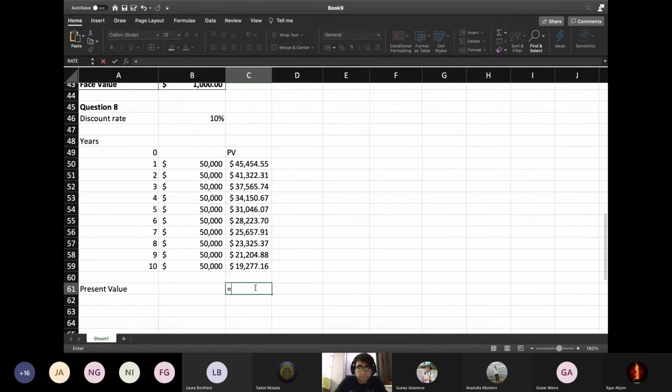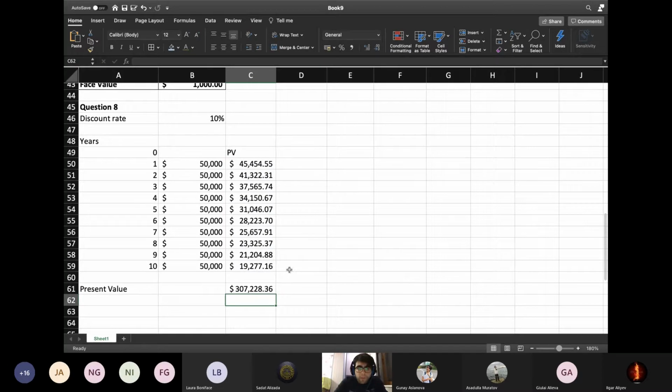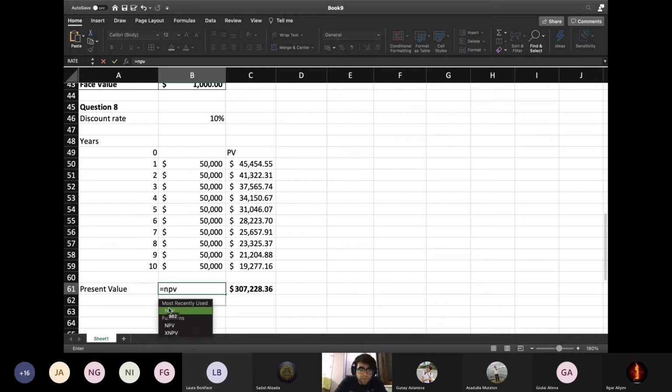And the summation of it will give us the present value of annuity cash flows. In the net present value formula, you can also find NPV. It wants you to enter the rate, the discount rate, and the cash flows. Enter. You see the same result.